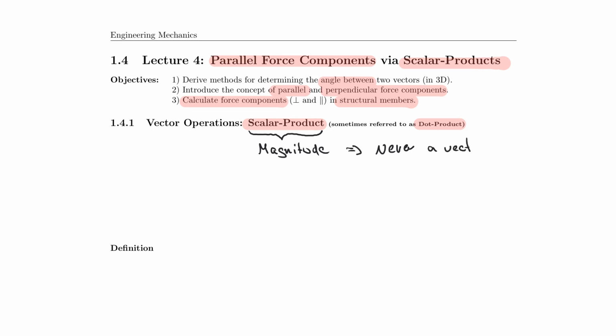And the reason I say that is I often see that go wrong when students use this method. I ask them actually not to use the scalar product, but I ask them to find the parallel force component, and then somehow magically they come up with a vector. But if you memorize that this is called a scalar product, and scalar stands for just a single number, then you know that you have to come up with a magnitude and not with a vector.